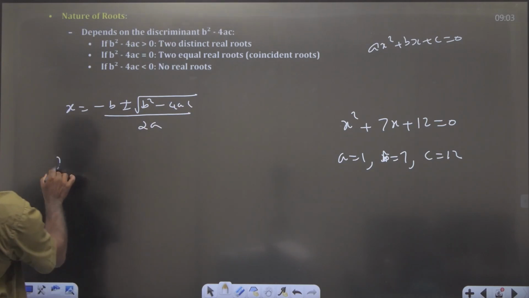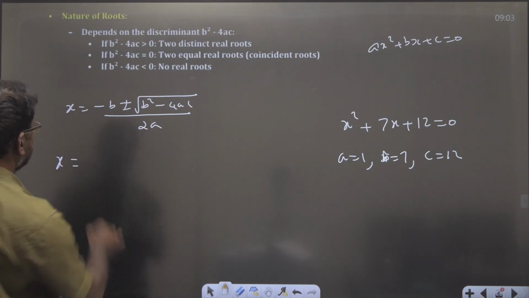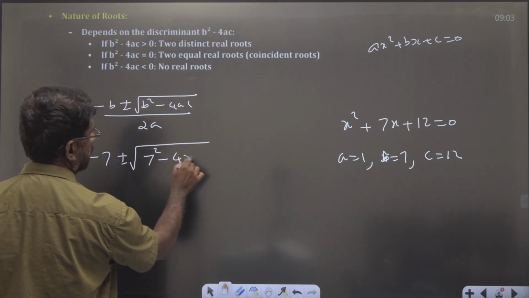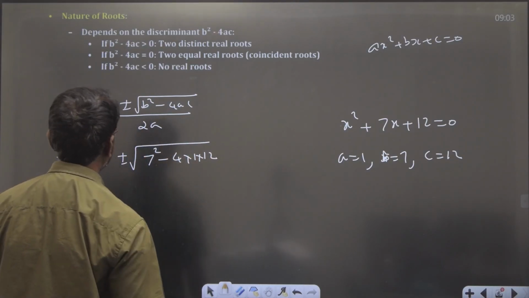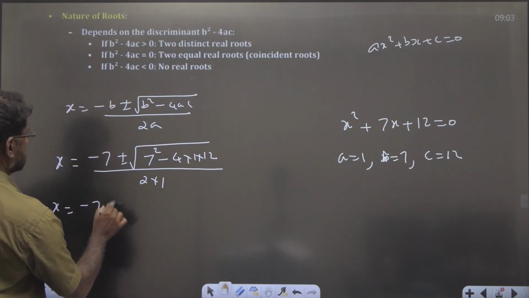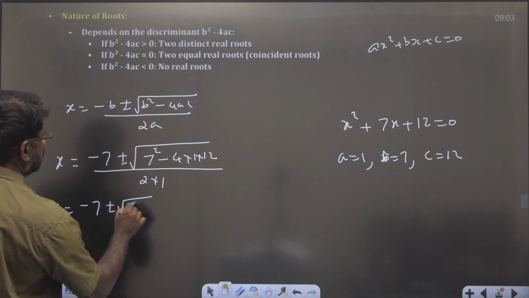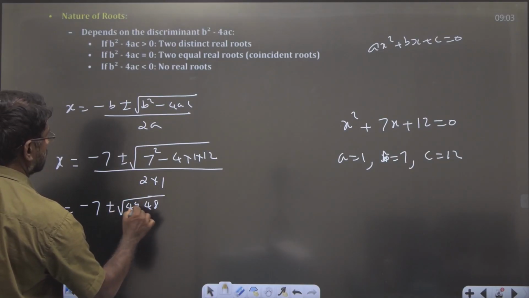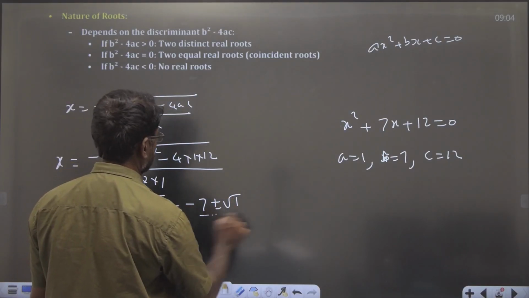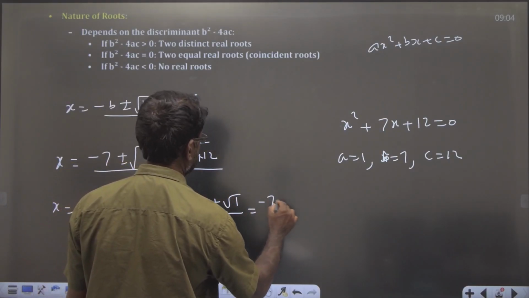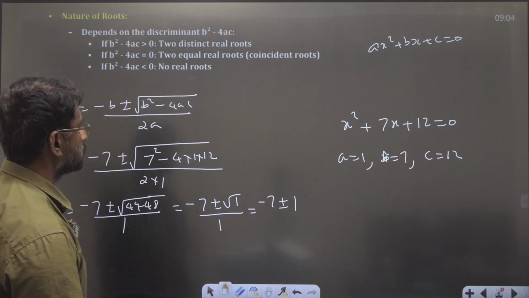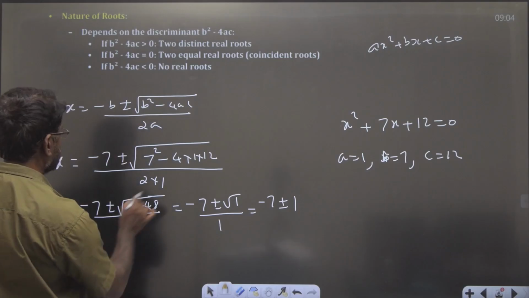That is x is equal to minus 7 plus or minus root of 7 square minus 4 into 1 into 12 divided by 2 into 1. x equal to minus 7 plus or minus root of 49 minus 48, that is minus 7 plus or minus root 1, divided by 2 into 1.